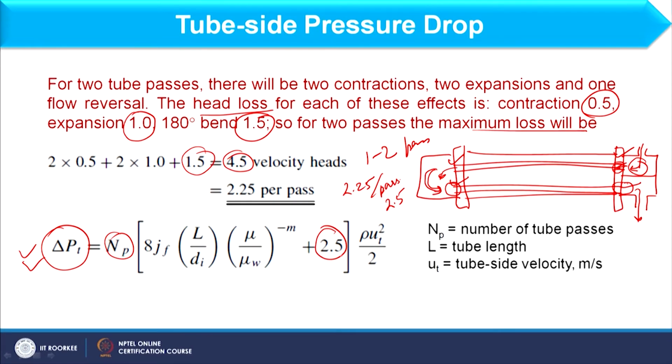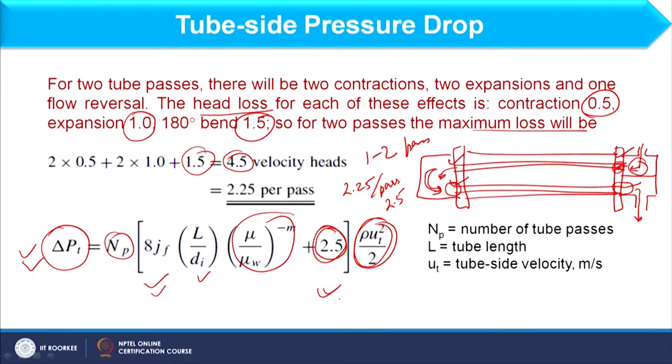And in this expression, 8 JF, capital L by dE, the viscosity correction factor, the viscosity, the velocity in tube side as well as the density of the fluid. You can use this expression to find out pressure drop in tube side.